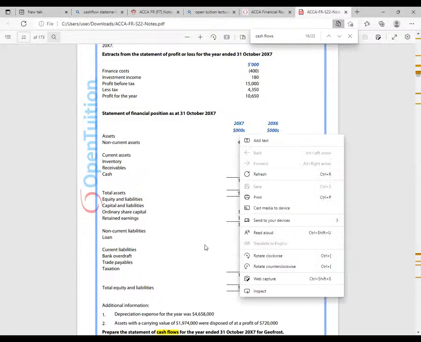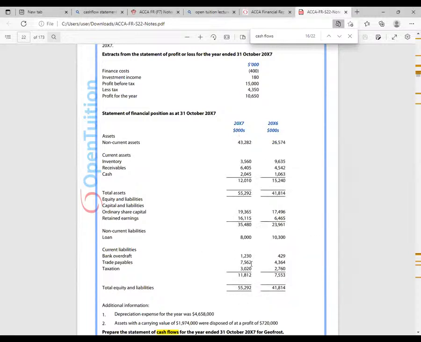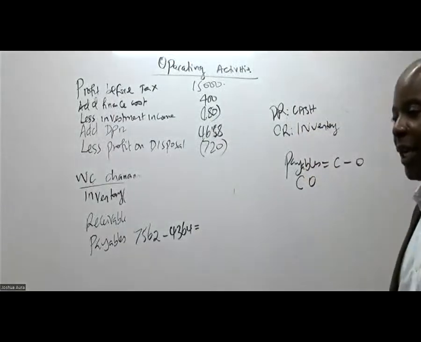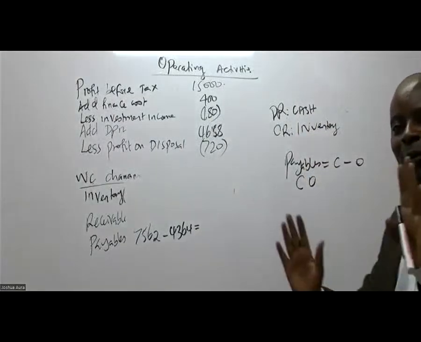The closing amount for payables is 75.62. So it is 75.62 minus the opening, which is 43.64. If you subtract, what figure are we getting? We are getting 31.98, and it's positive, isn't it?